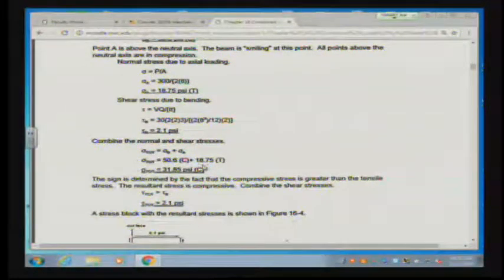But we have these two values to add together for sigma total, and one of them is in compression, one of them is in tension. So basically what we find is that sigma total is in compression, which we might call negative.